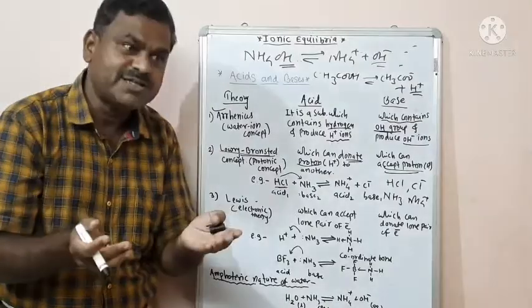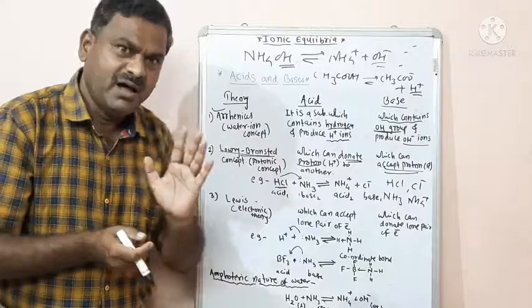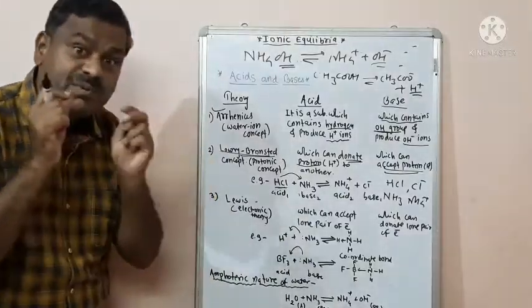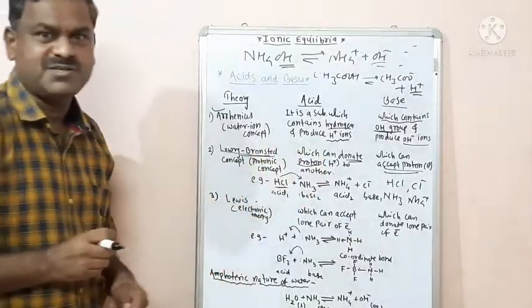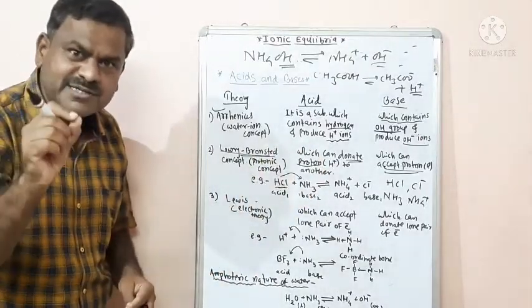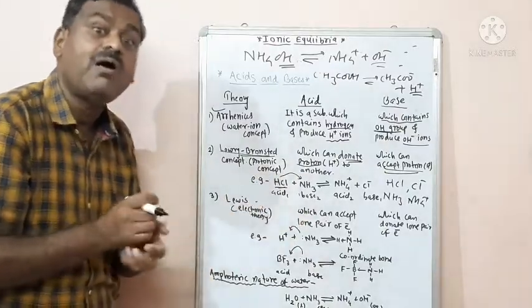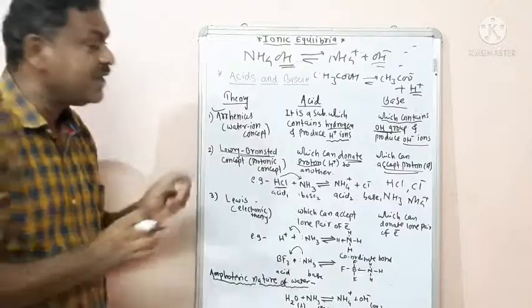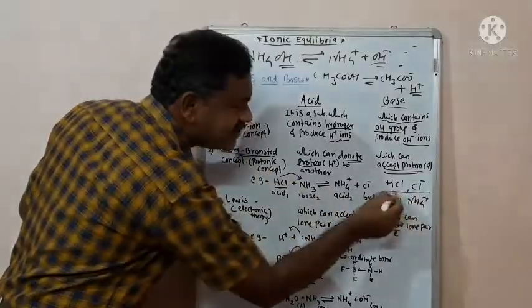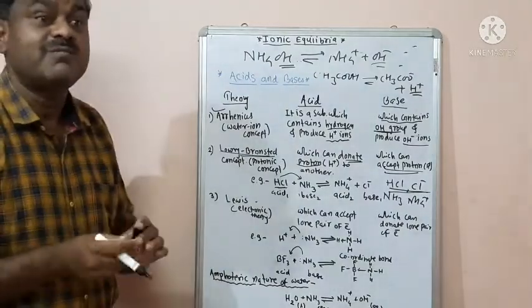Conjugate acid base pair means what? Chemical species that differ by one proton are known as a conjugate acid base pair.